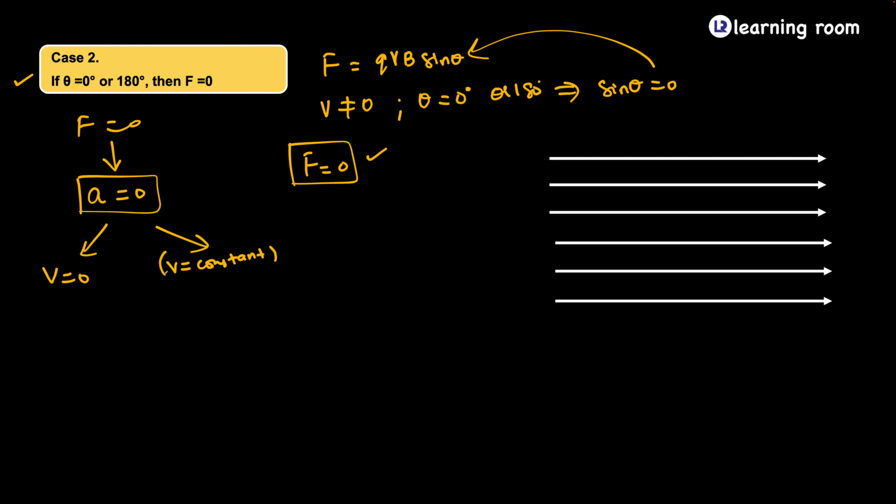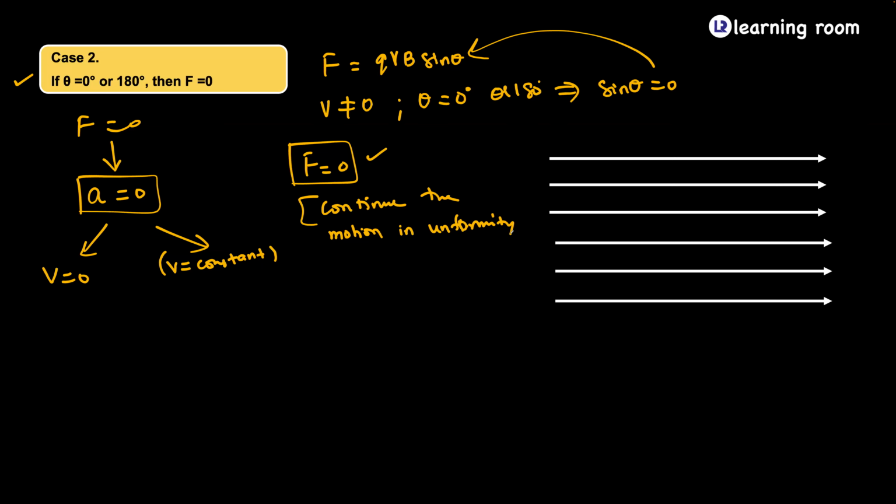So force equal to 0 doesn't mean that the charged particle is going to be at rest. It will continue the motion in uniformity. In the sense, it is going to have a uniform motion throughout.